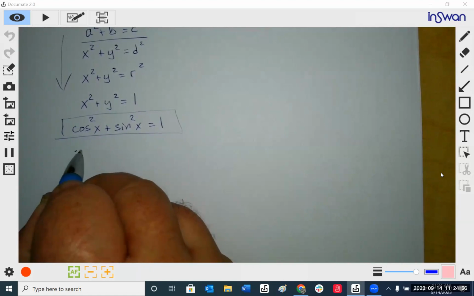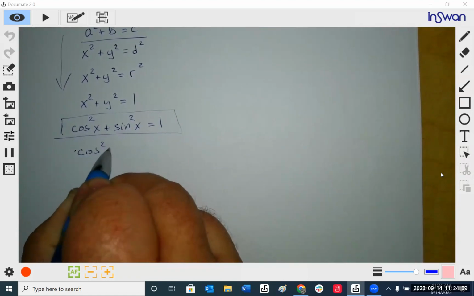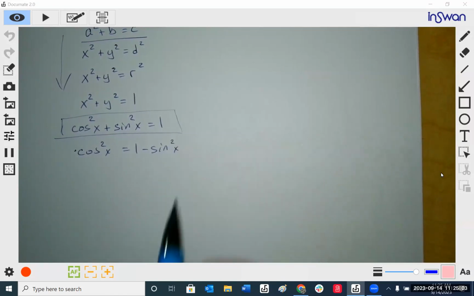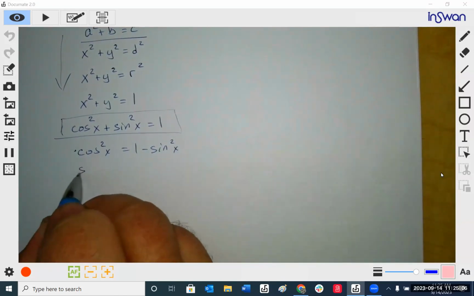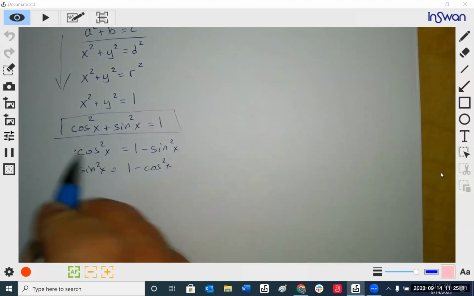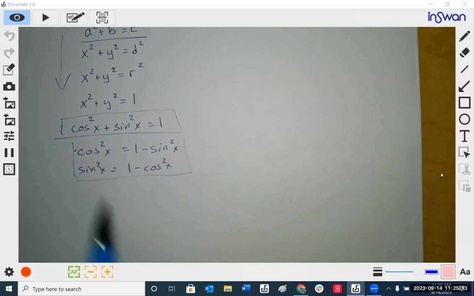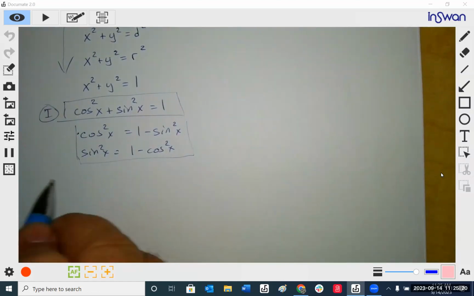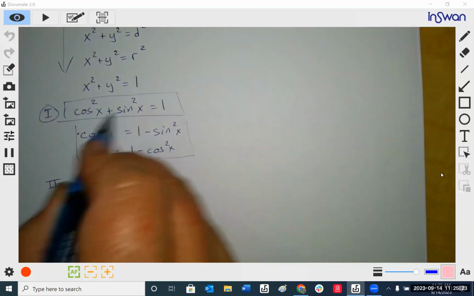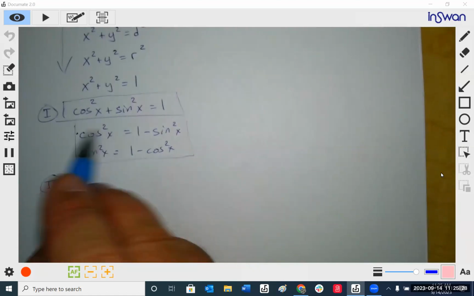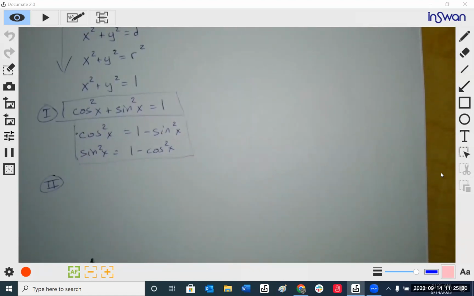We can say cosine squared x is equal to 1 minus sine squared x, or sine squared x equals 1 minus cosine squared x. So those are the ancillary ones. What happens if we take the unit circle equation, the number 1? What if we divide every one of them by cosine?